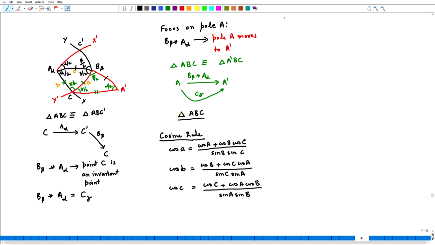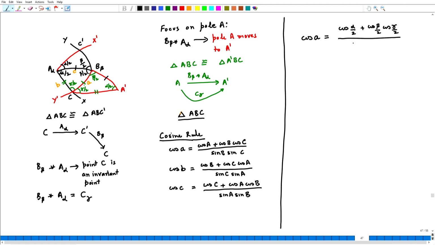Hence, now I can write cos A equals cos of alpha by 2 plus cos of beta by 2 cos of gamma by 2, divided by sin beta by 2 sin gamma by 2.